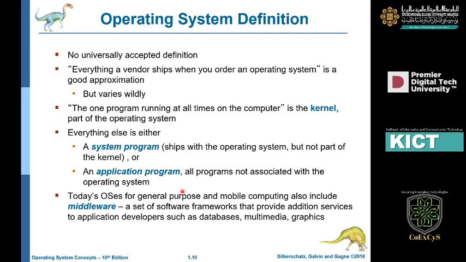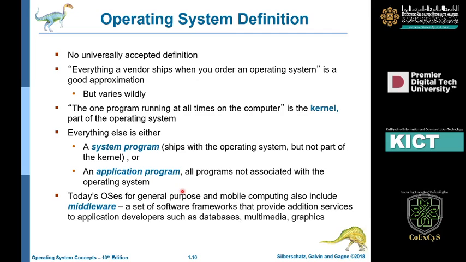But in every operating system, there is one running program which we call the kernel, and the kernel is part of the operating system. Everything else is either a system program, which is something shipped with the operating system but not part of the kernel, but it's kind of important. This would be your scheduler, your timer, some of the file system, the windowing system.